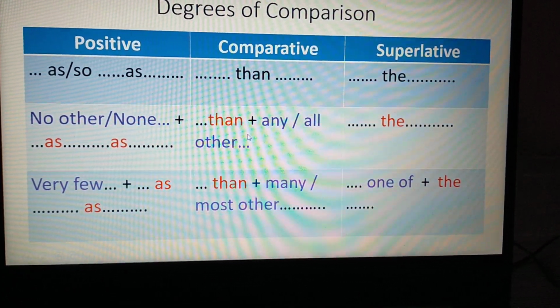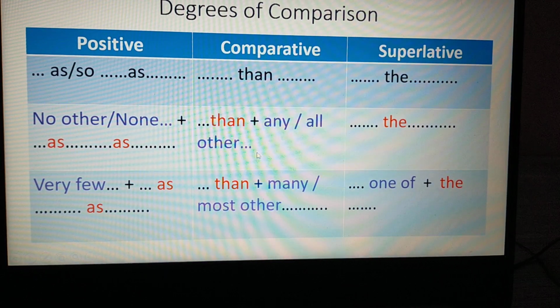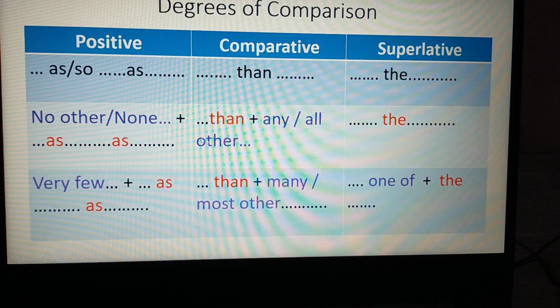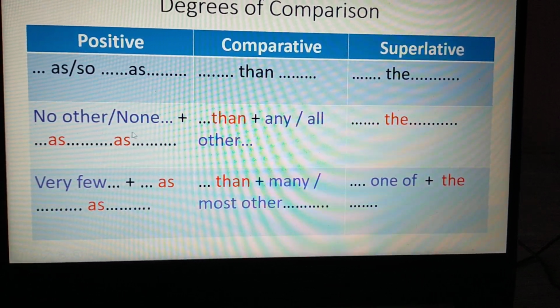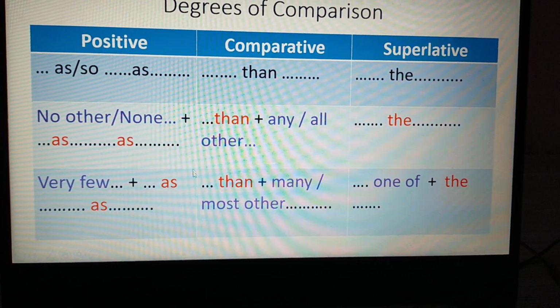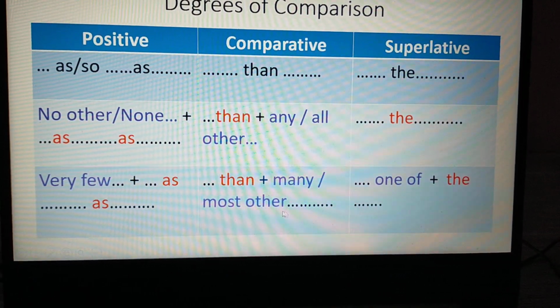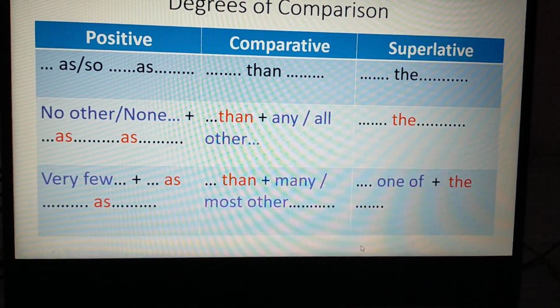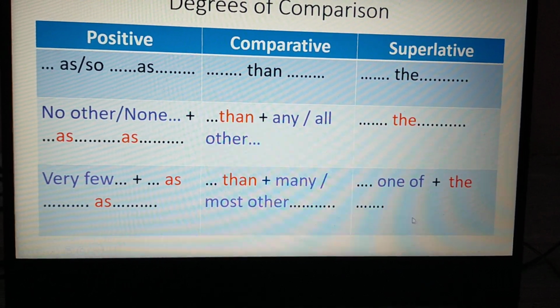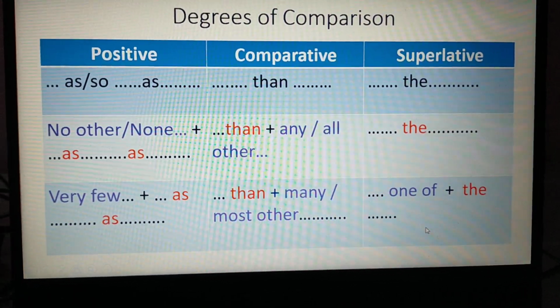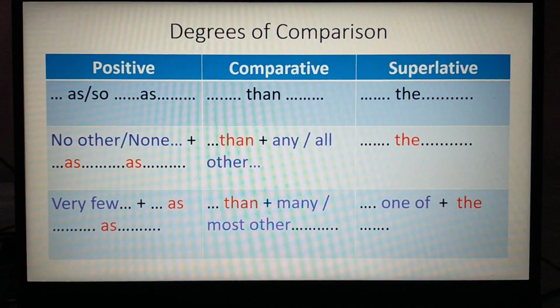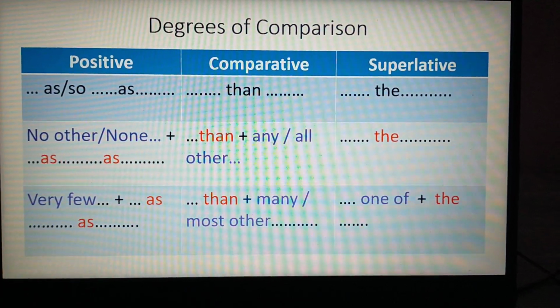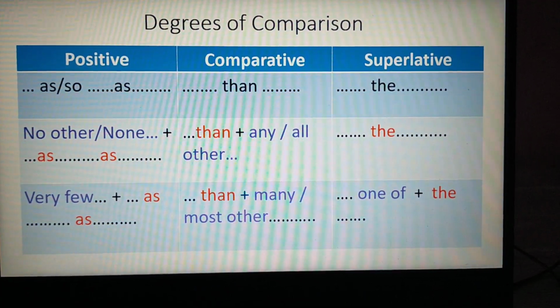When you see than plus any or all other, this should be the sentence formation. And if you see than many or most other, your sentence should start with very few, and in the superlative it should be "one of the". So it's very important that you understand the table because this table will help you to frame sentences.